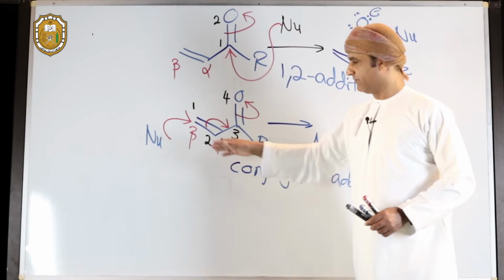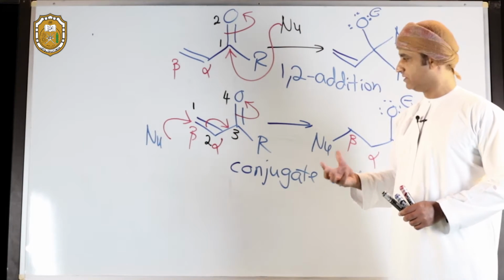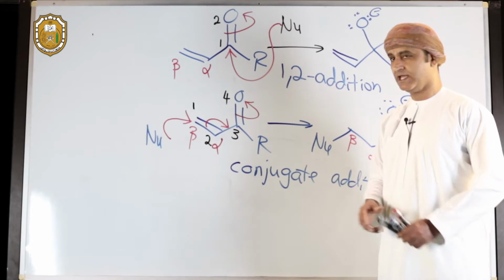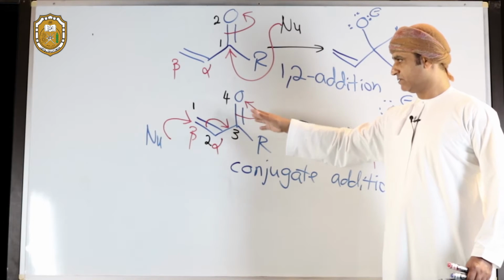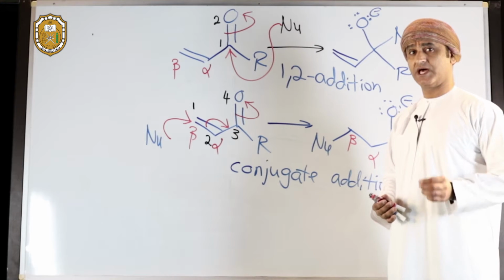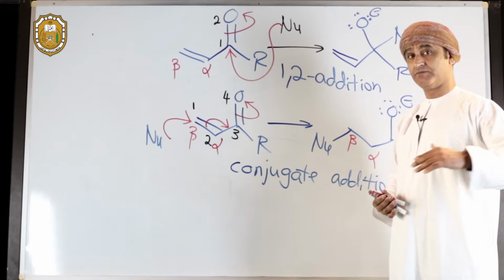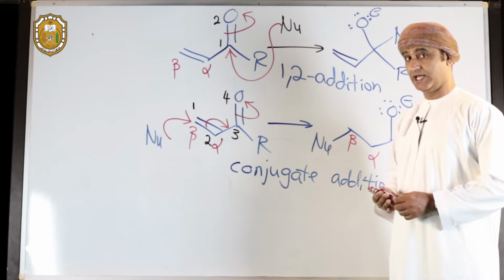So we can say that the nucleophilic addition has taken place over this conjugate system, beginning with atom number 1. So carbon number 1, carbon number 2, carbon number 3, and oxygen number 4, all of them participate in this conjugate addition.